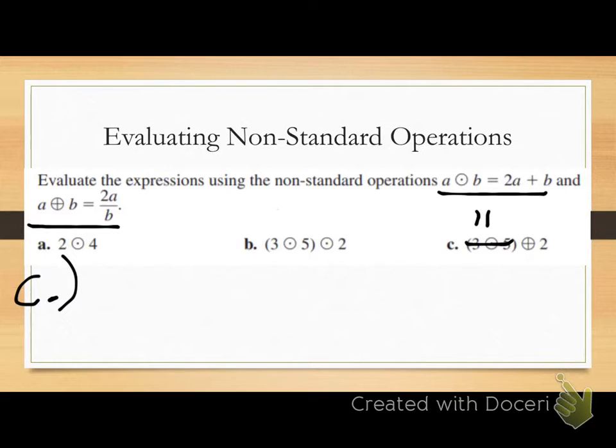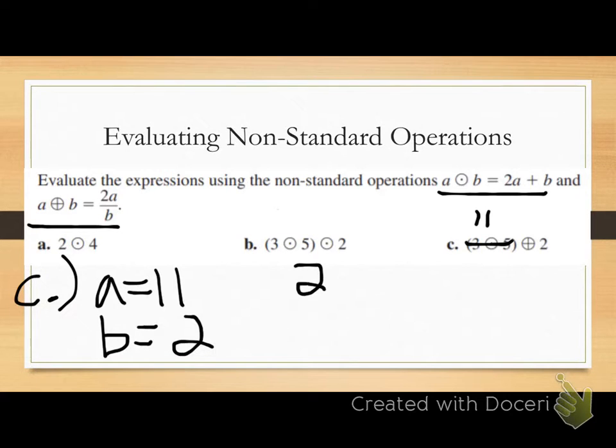So what's my A value? 11. What's my B value? 2. So I've got 11 circle plus 2. I'm now plugging into 2A over B. So we said A was 11. We said B was 2.